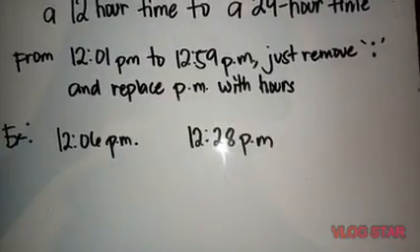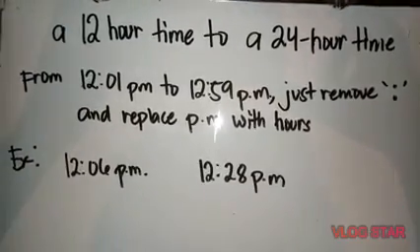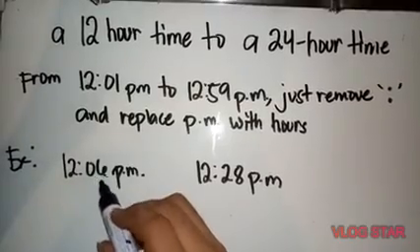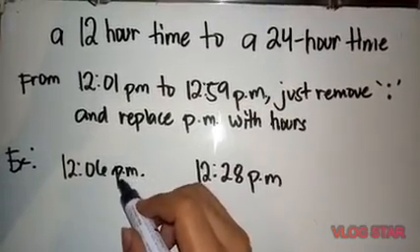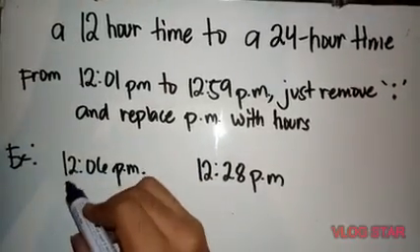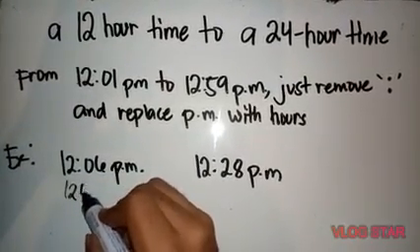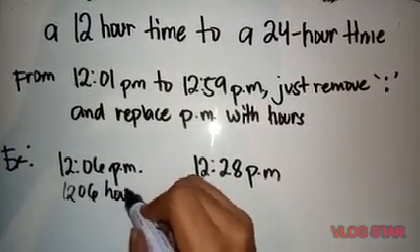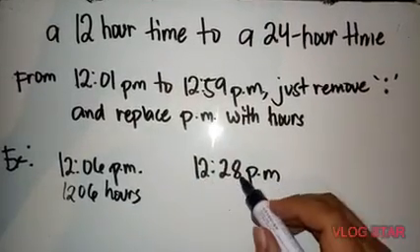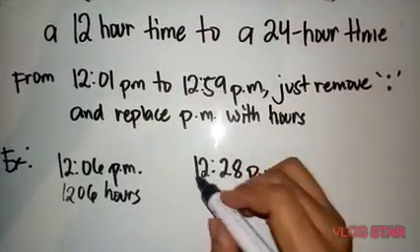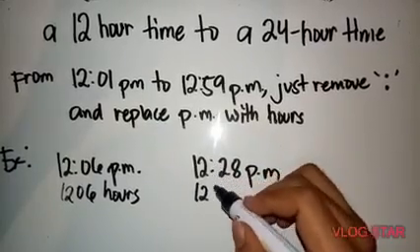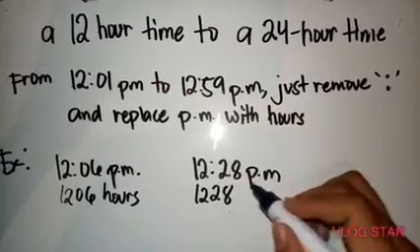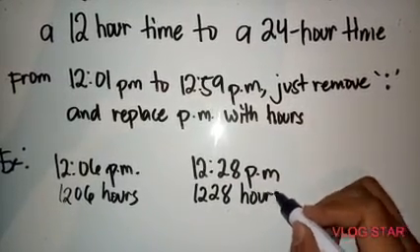So for example, 12:06 p.m. So just remove the sign, then change it with hours. The same with here, 12:28 p.m. Remove the sign in between the hour and the minute part, then write hours.